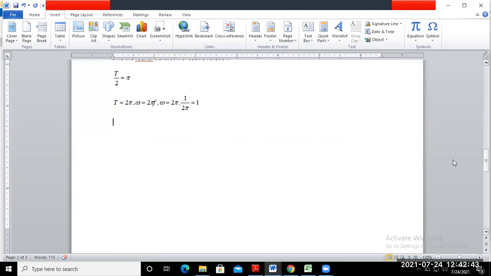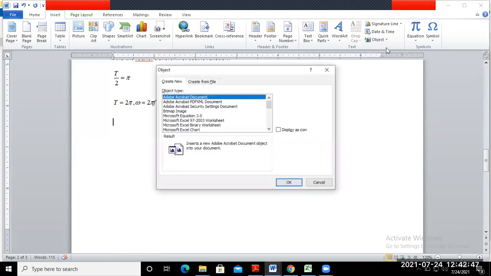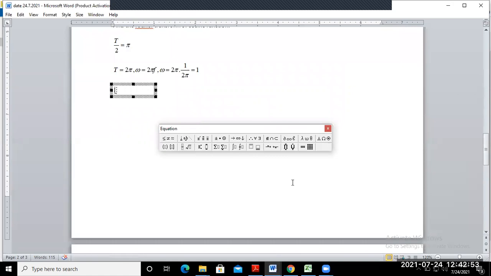Okay. Suppose that the function of cosine wave is represented in time domain x(t) equal to A cos omega t. So A is your constant term.